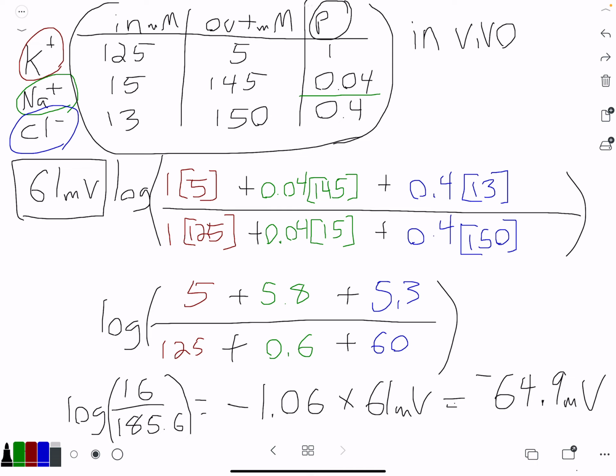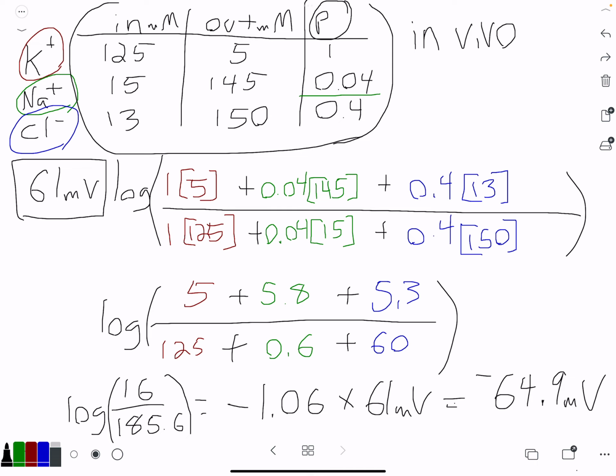Okay. Now, you can think about this conceptually, like, does this make sense? You can look at the chart at the top, and you can say, okay, the most permeable is potassium. So this is likely going to be responsible for the lion's share of the membrane potential. And you can see that there's a lot of potassium on the inside of the cell versus the outside.